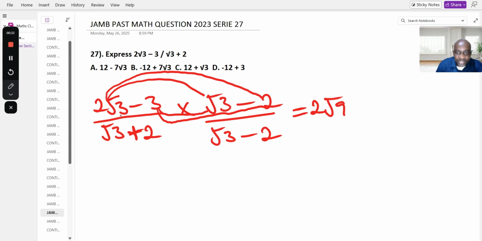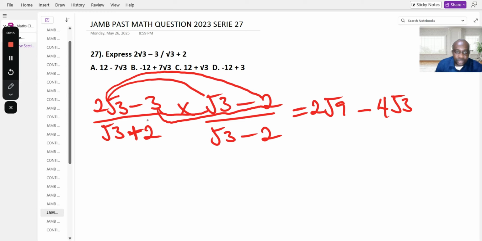2 square root of 3 multiplied by minus 2, that is the second multiplication, is going to give us minus 2 times 2, that will be 4, 4 square root of 3.